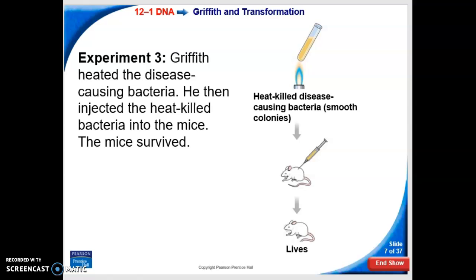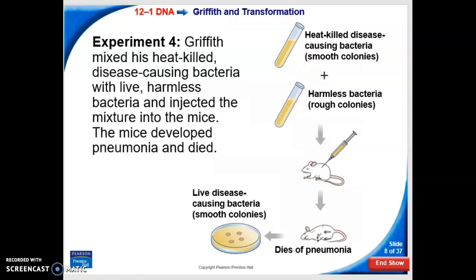Now the third, he took the disease-causing bacteria and he heat killed it. So therefore when he injected the mouse with it, then it ended up living because the bacteria was actually dead. Now here's the biggest one. And the fourth one, he took the heat-killed bacteria and combined it with the harmless bacteria, which was still alive.